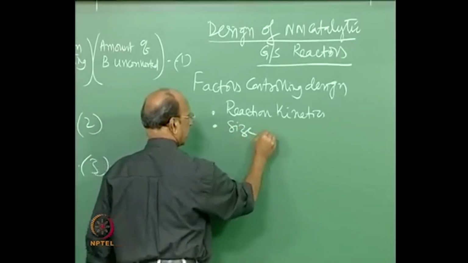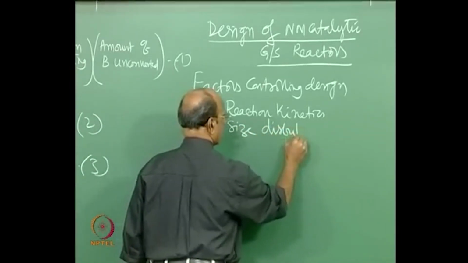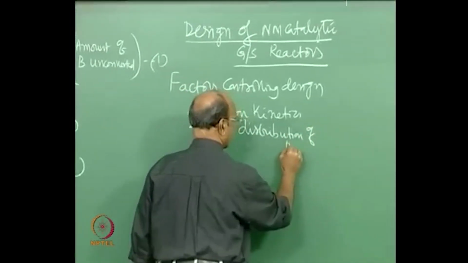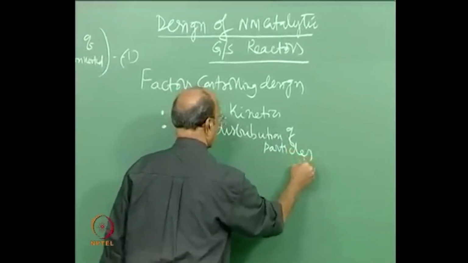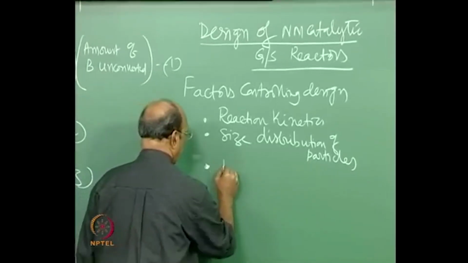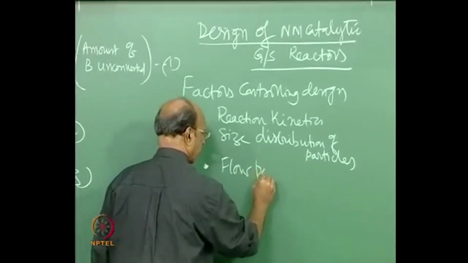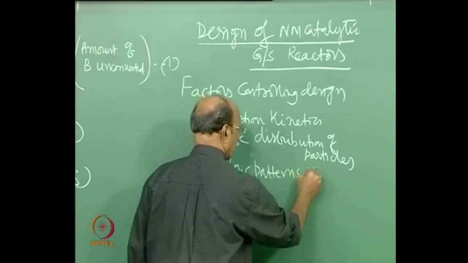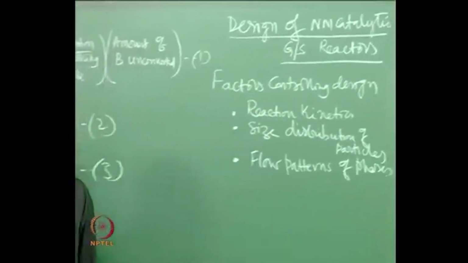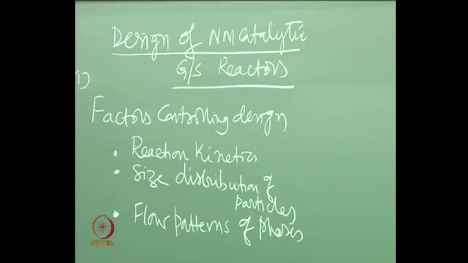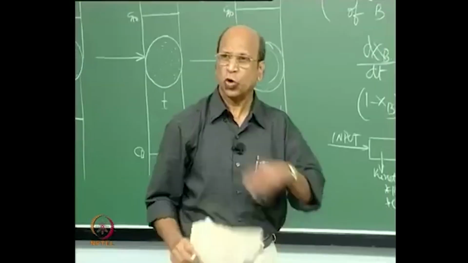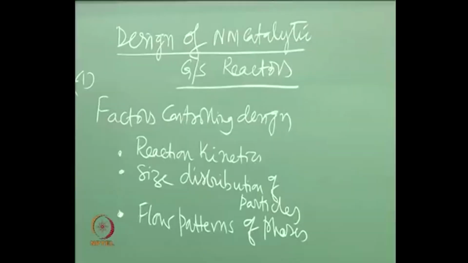Two, size distribution of particles, and number 3, flow patterns of phases, these 3. Do you have information on all these 3 for the design? That means, do you know anything about all these parameters?